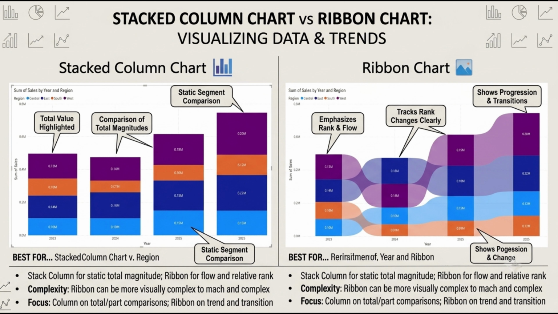While a stacked column chart keeps your categories in the exact same stack order across your timeline, a ribbon chart dynamically ranks them. The category with the highest value always takes the top spot for that specific time period. Then it draws beautiful, flowing ribbons connecting the time periods, so you can visually trace exactly when a category wins, loses, or overtakes another in rank.